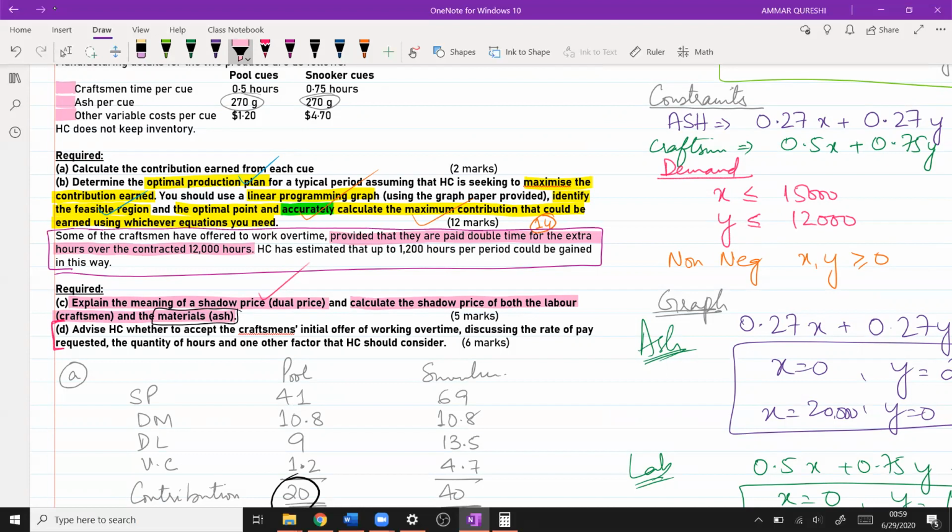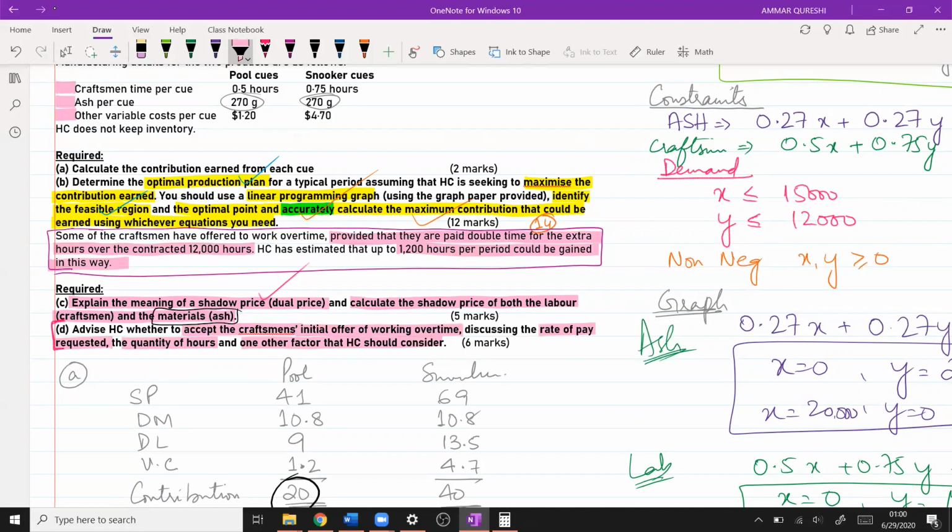SE has estimated that up to 1200 hours per period could be gained in this way. Now, what you have to do is advise whether to accept the craftsmen's initial offer of working overtime, discussing the rate of pay, whether the rate of pay is acceptable, the quantity of hours, these 12,000 hours, 1200 hours, and one other factor that should be considered.